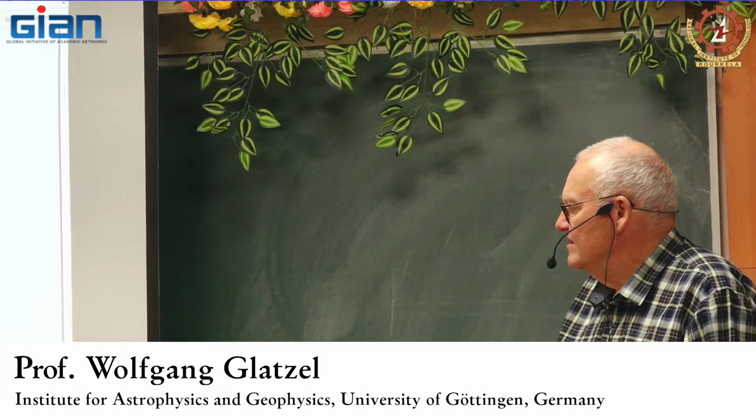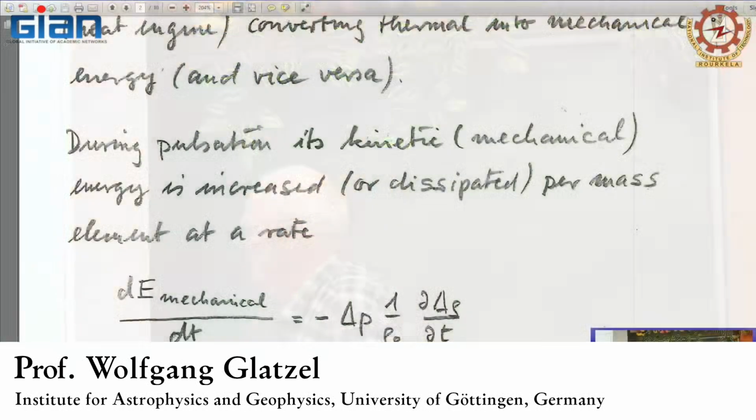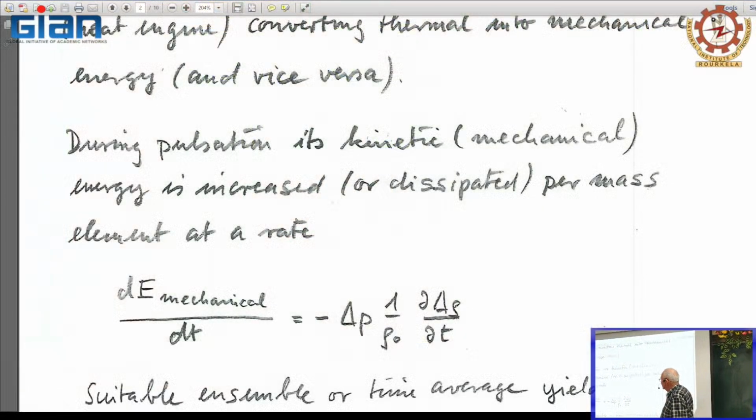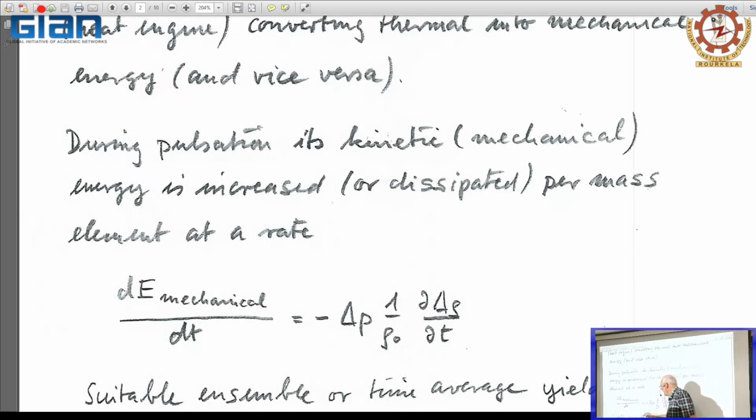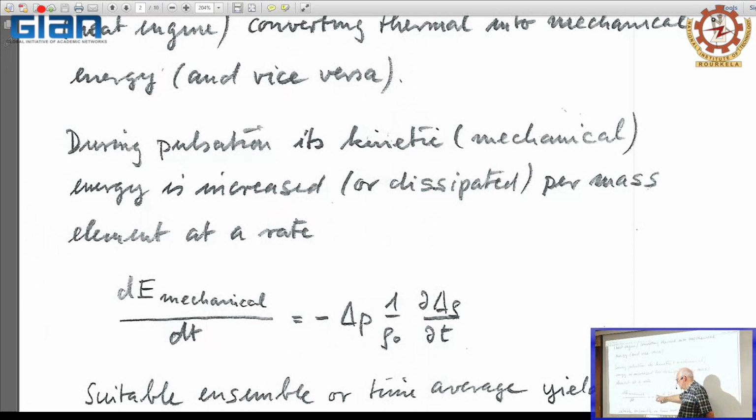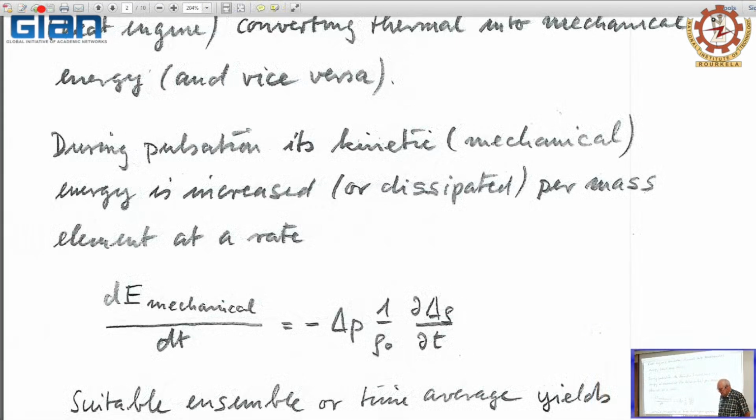So during the pulsation, the kinetic energy or the mechanical energy is increased or dissipated per mass at a certain rate. We can now rewrite this PdV work in terms of the change of the mechanical energy with time of the mass element. This is given by the Lagrangian pressure perturbation times the time derivative of the Lagrangian volume, or alternatively the Lagrangian density perturbation.